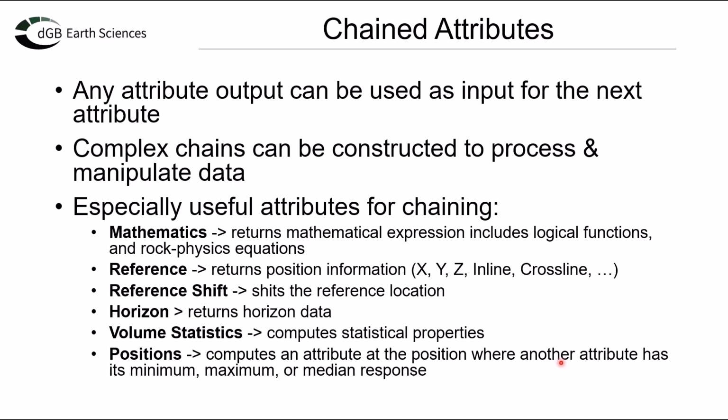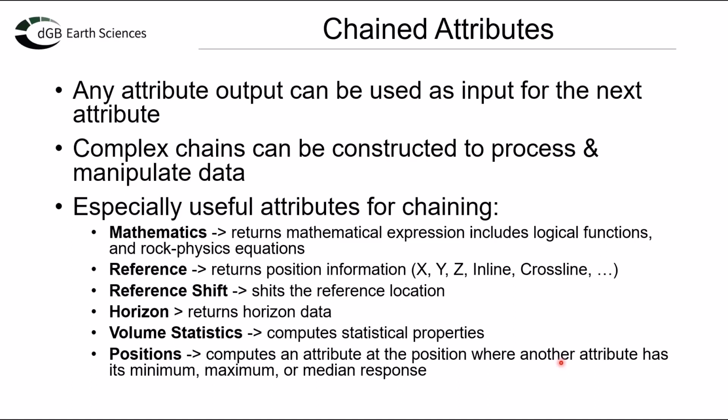Volume statistics is an important one because it computes statistical properties like minimum, maximum, median, standard deviations from a small volume or from a small disk, and the disk can be dip steered, so follow something in your data. And then we have the position attribute, which computes an attribute at a position where another attribute has its maximum, minimum or median response.